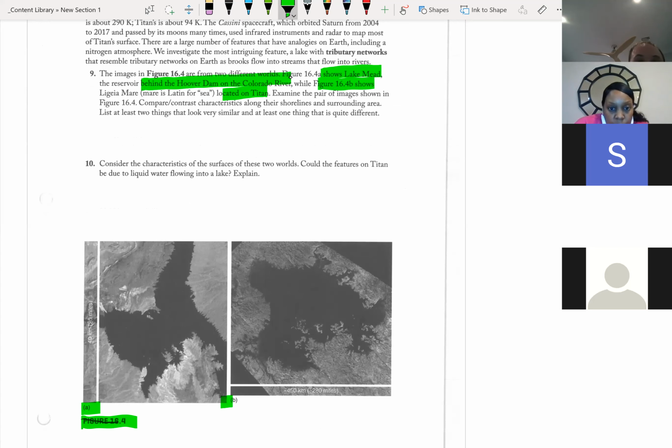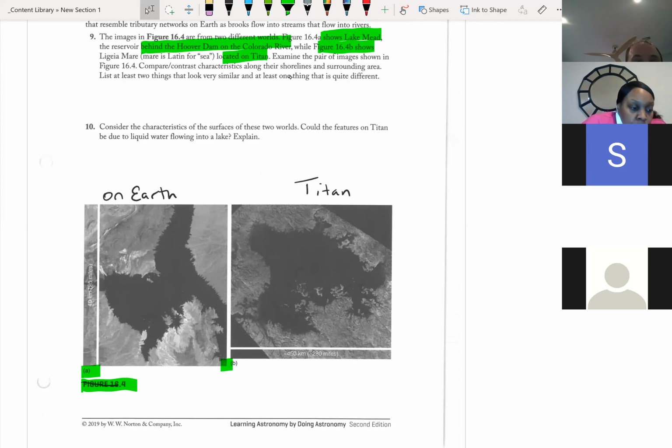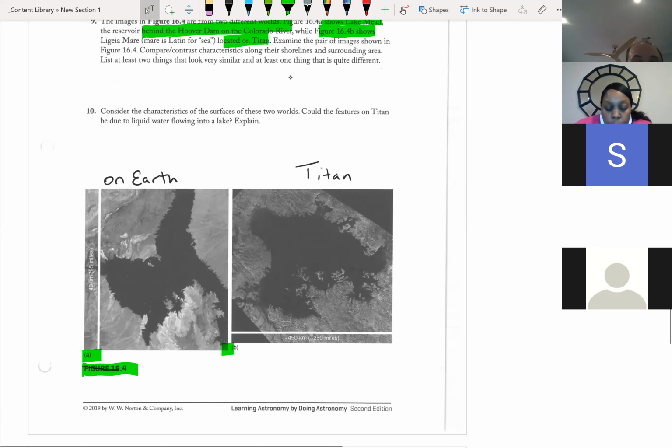So this one is on Earth, and this picture here is Titan. Again, we're just comparing the pictures, characteristics, and observations that we can make.